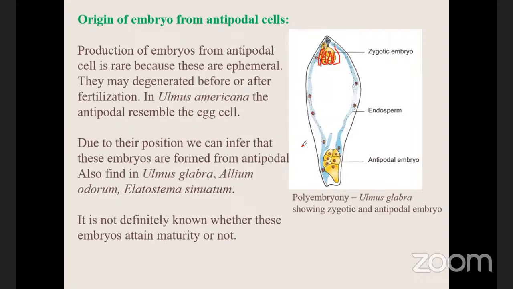Whether these embryos attain nutrients or not is not yet known, but more embryo formation takes place. That is what happens in this type. These are embryos other than the normal egg cell embryo. The antipodal cells also form the embryo.